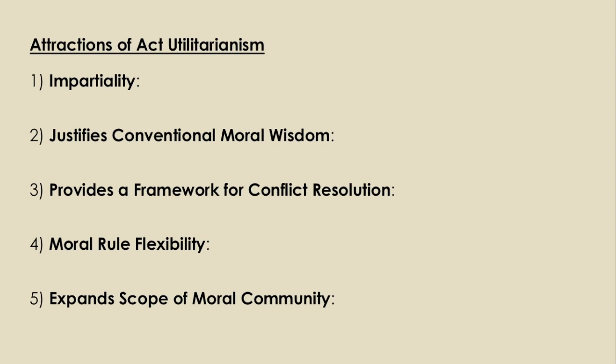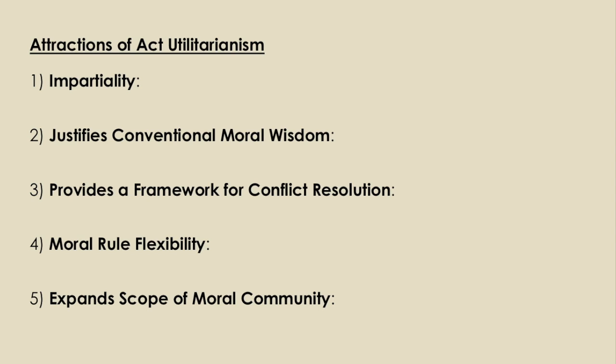So, the attractions of act utilitarianism specifically are the following. One, the theory is impartial. What does this mean? Well, the theory says that we should treat everybody as a potential source of happiness, and we should treat everyone equally.